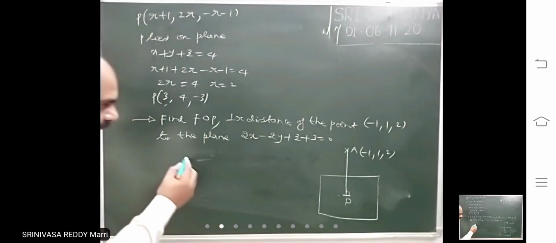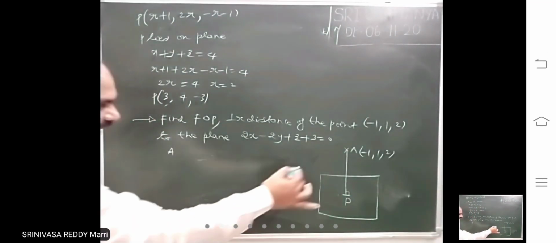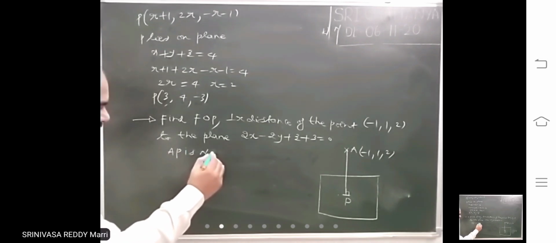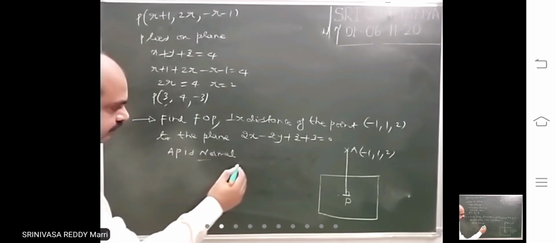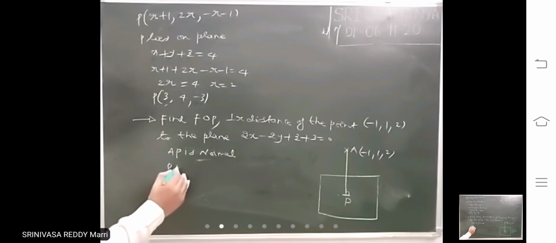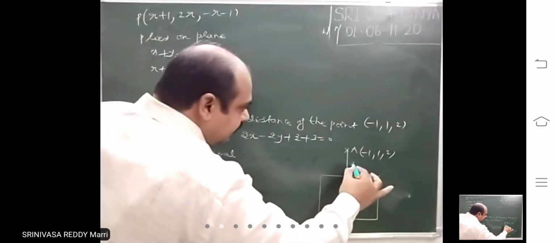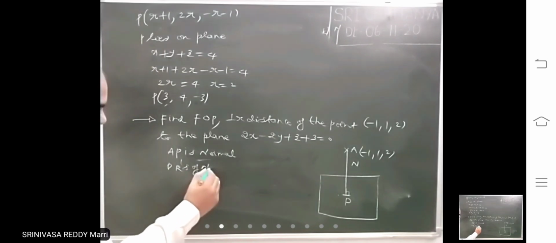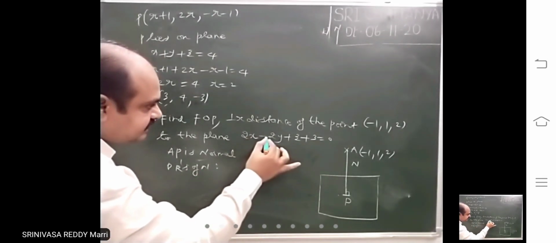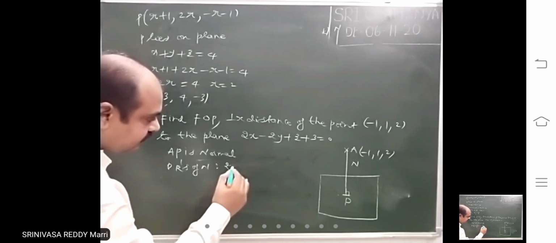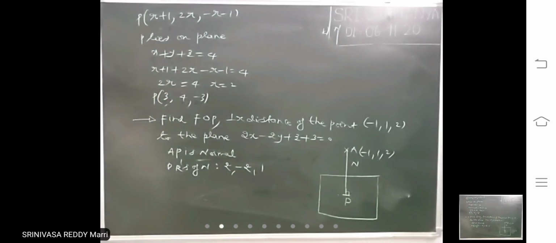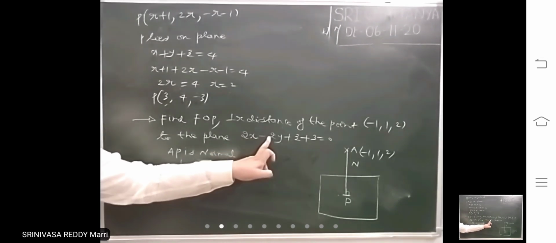Now AP is perpendicular to the plane. Any line perpendicular to the plane is the normal, so AP is the normal. What are the DRs of the normal? Given here, 2, minus 2, 1.